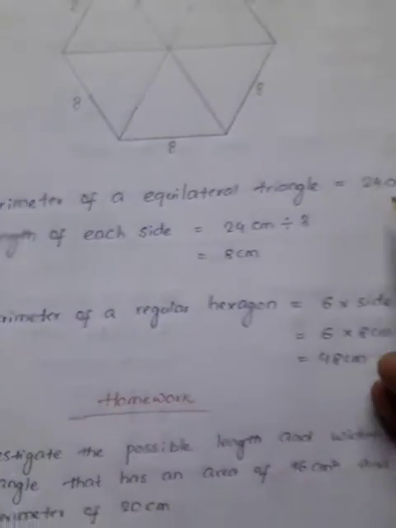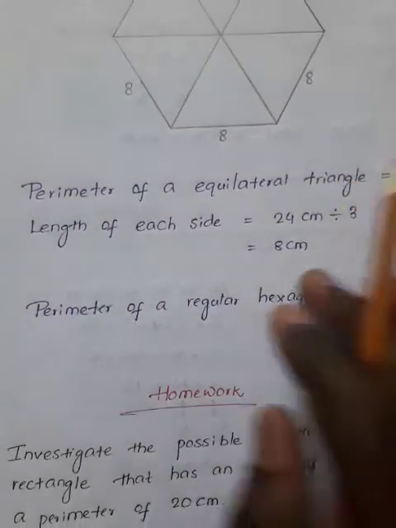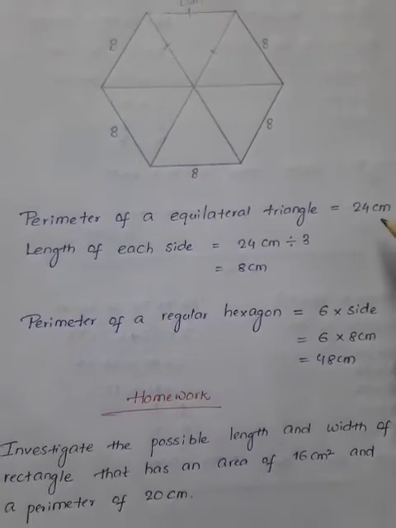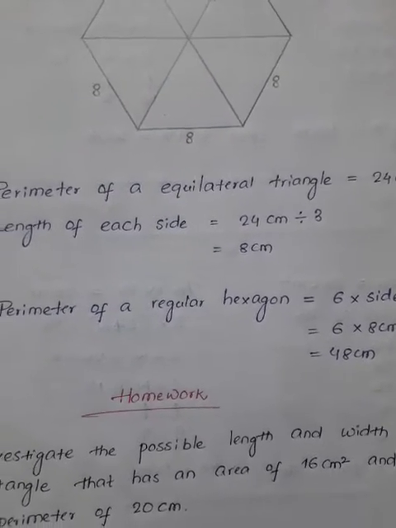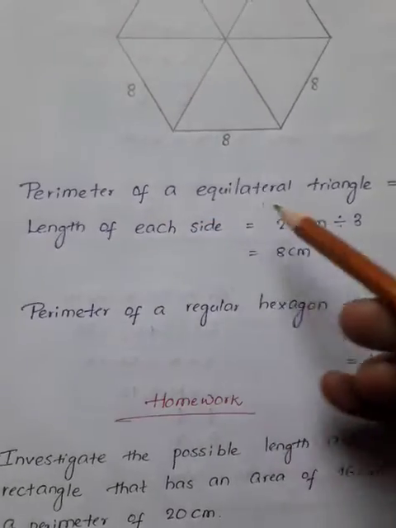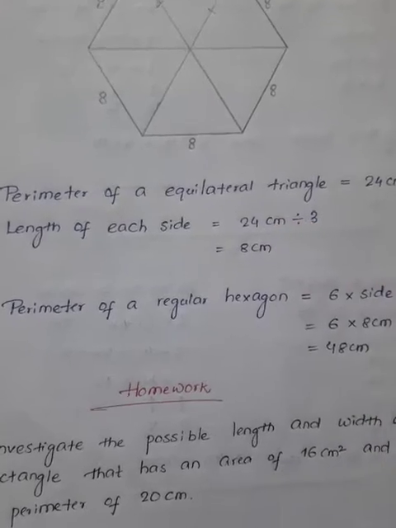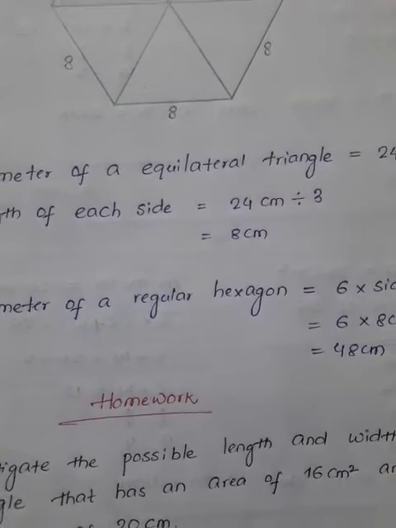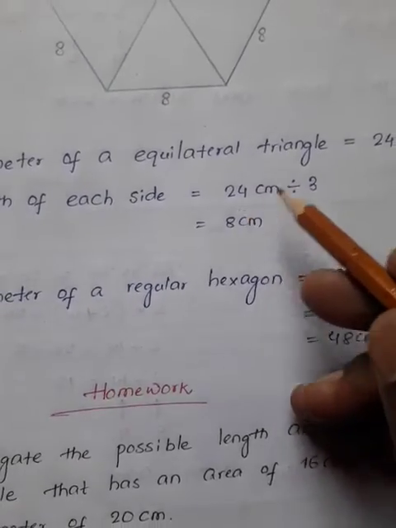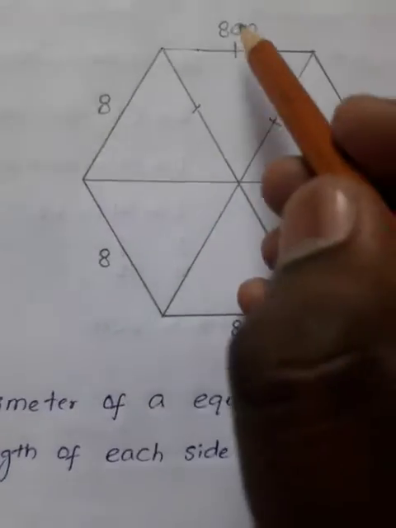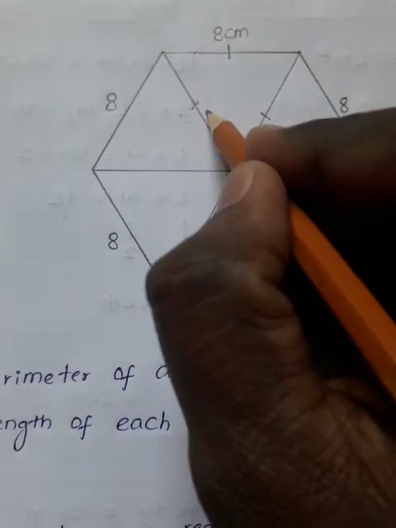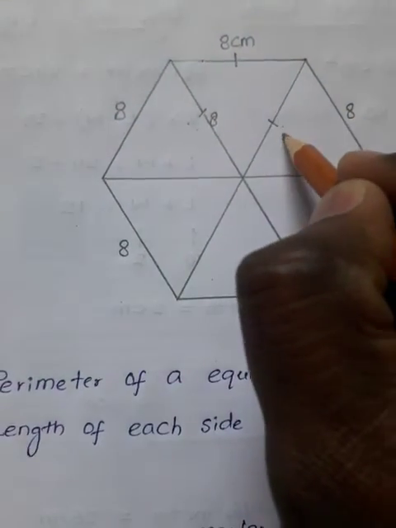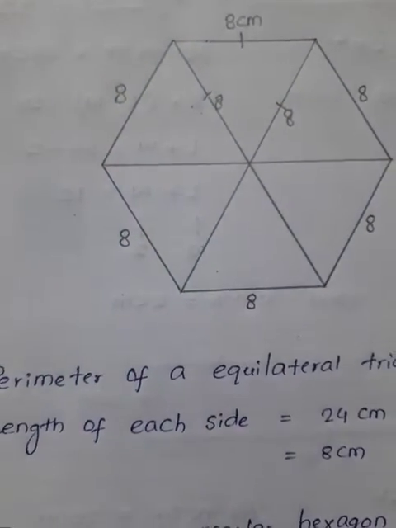We already learned in perimeter 1 how to find each side of the triangle when the perimeter is given. 24 divided by 3. Why divide by 3? Because a triangle has 3 sides. 24 divided by 3 is 8. That means all three sides are 8.